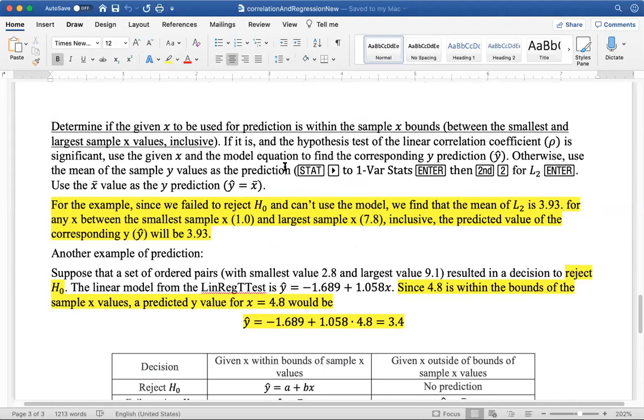So we would do stat, right arrow to, I'm sorry, I think I gave you the wrong words there. Right arrow to CALC and hit 1, or just hit enter.